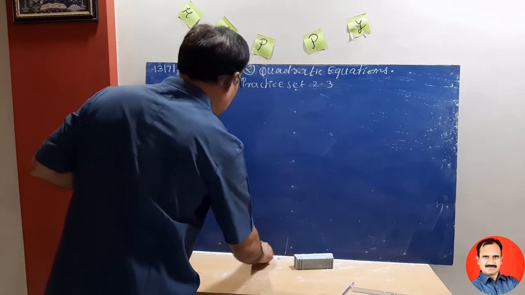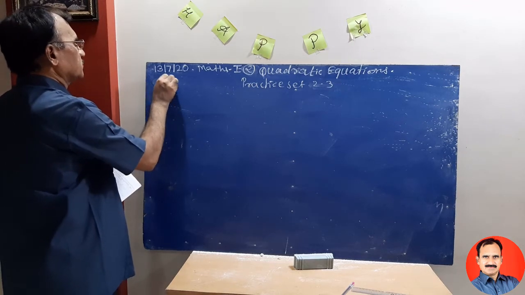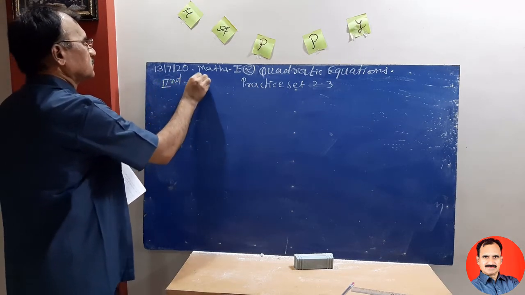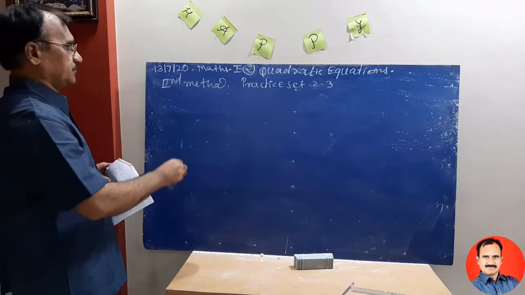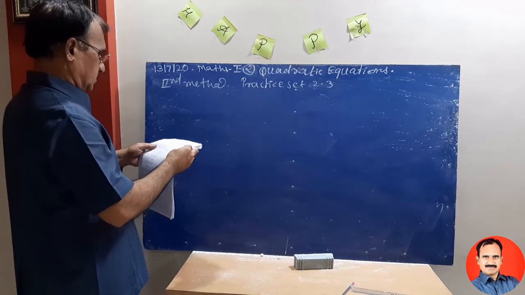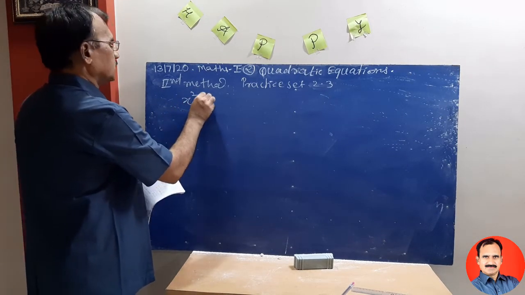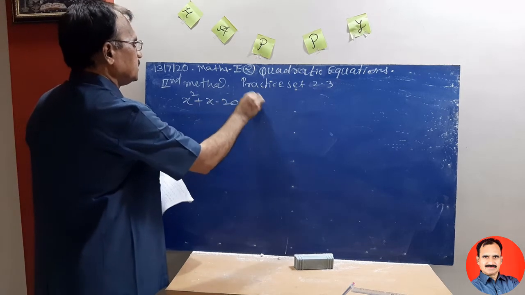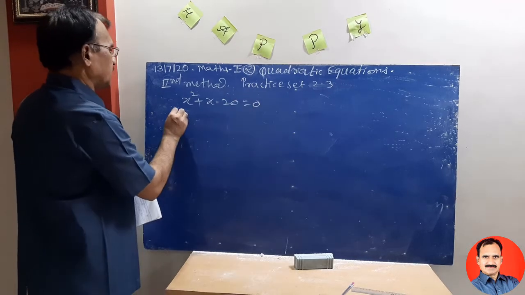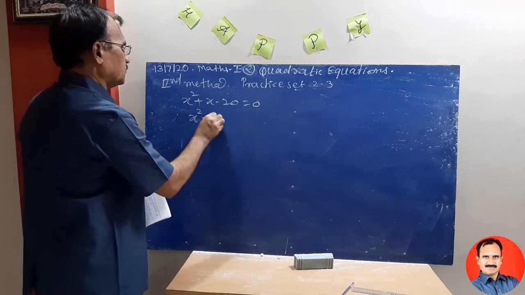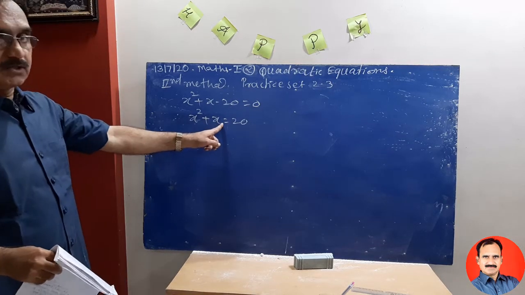Now we see this method, the second method. Same example, x square plus x minus 20 is equal to 0. In that method, take minus 20 on that side: x square plus x is equal to 20. We have to find the third term.